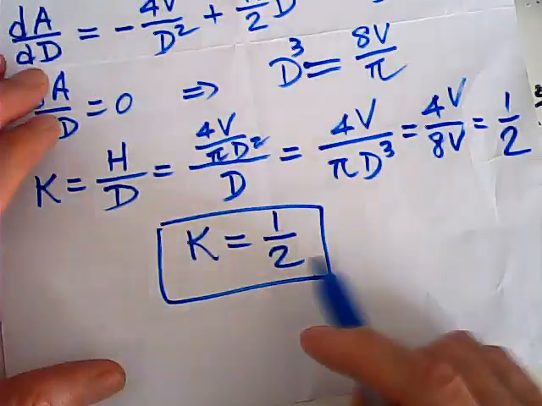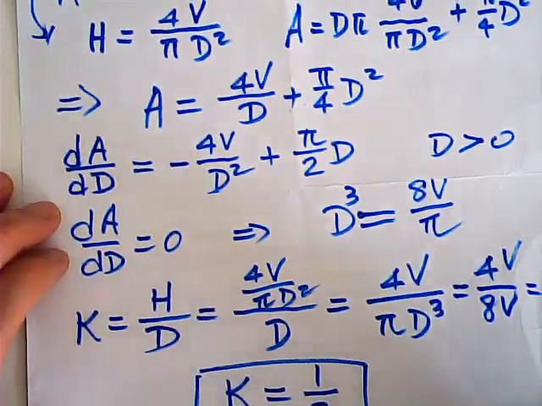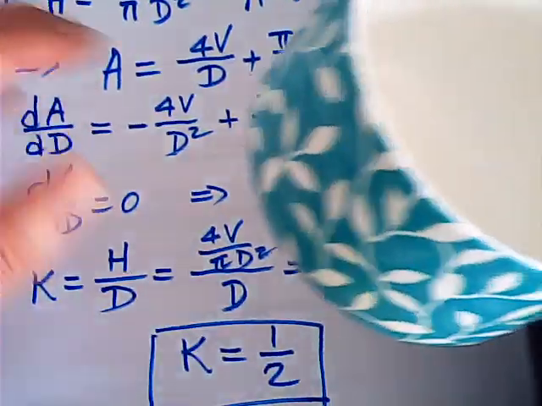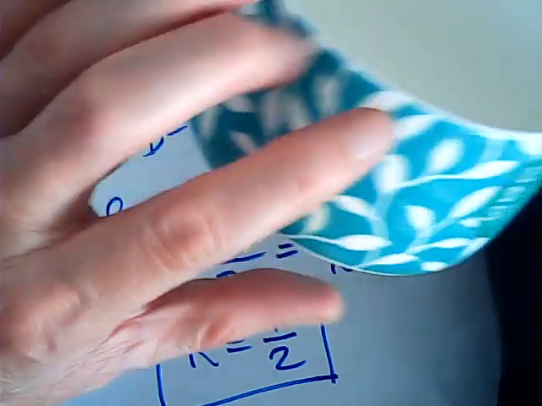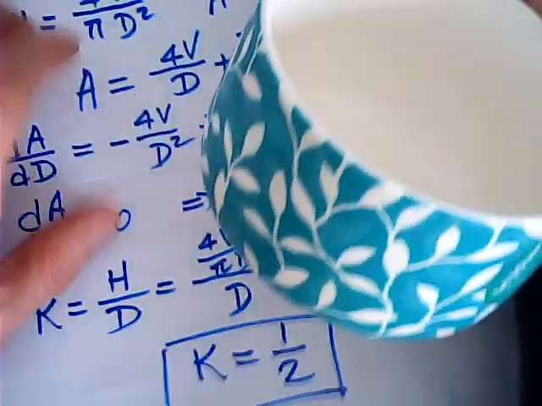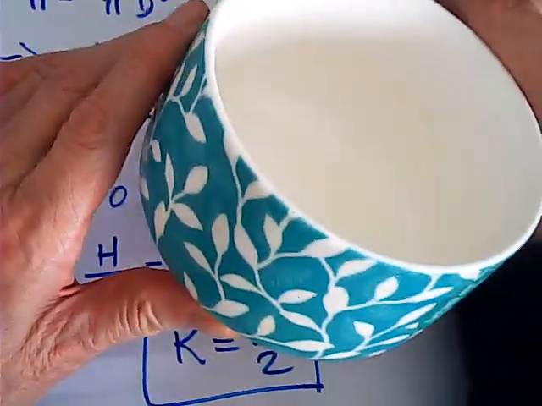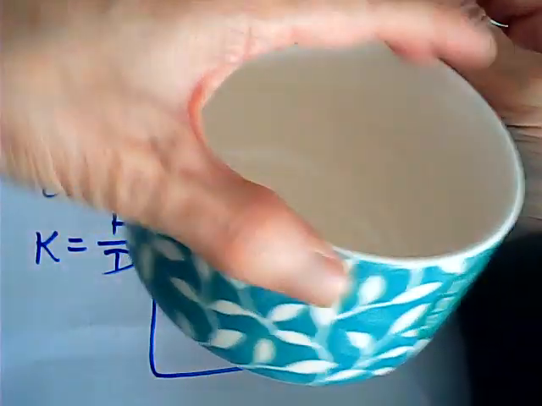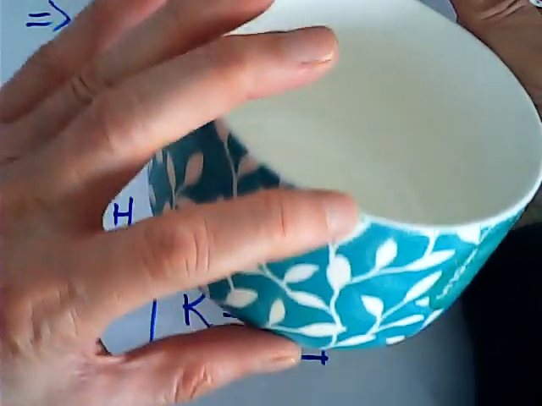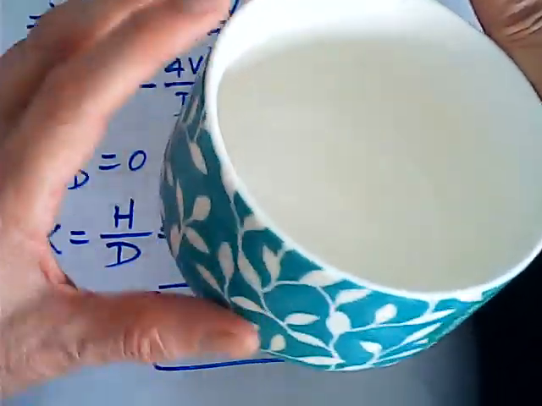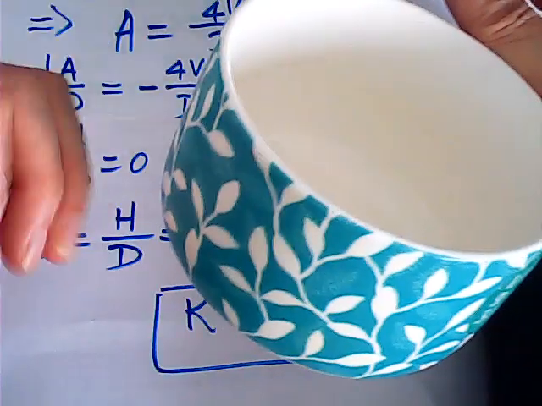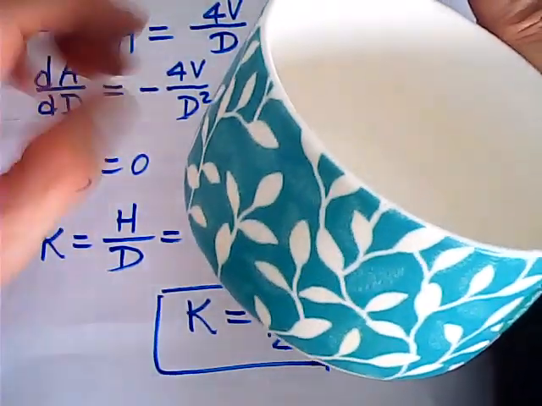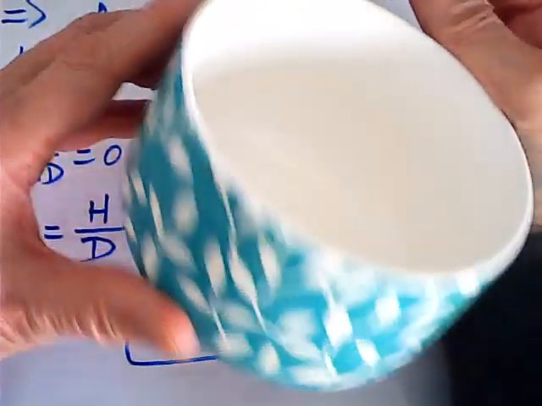That is our result, which means that if the diameter is twice the height, that cup is the most economical. Okay? If the diameter is twice the height, then this cup is the most economical, which means it will spend the least amount of material to make.